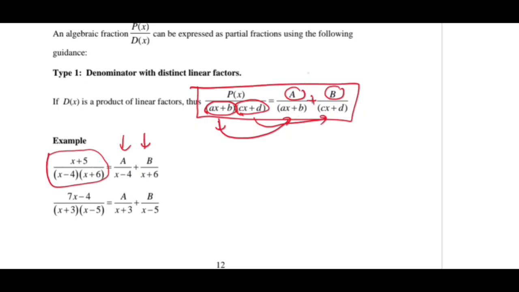Proper fraction means that the degree of the numerator must be less than the degree of the denominator. Since the degree of the denominator is x power 1, which is linear, our numerator must be x power 0. And what is x power 0? It means that it's just a constant, because x power 0 is just 1.